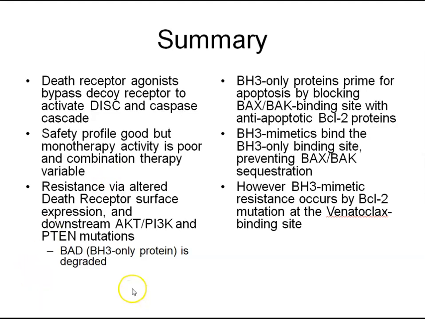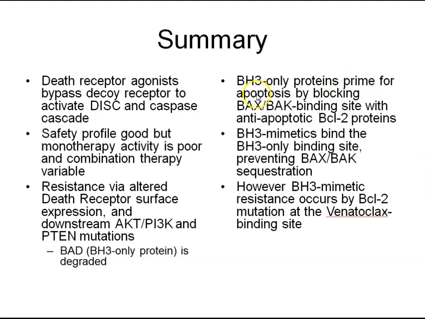The sort of resistance that we get is overexpression of c-FLIP. We can get constitutive activation of AKT or PI3 kinase, or we can get deletion of PTEN, and this will result in sequestration of BAD, which will be pro-survival. We can then look at the BH3 only proteins.